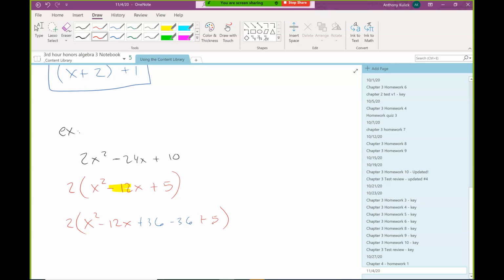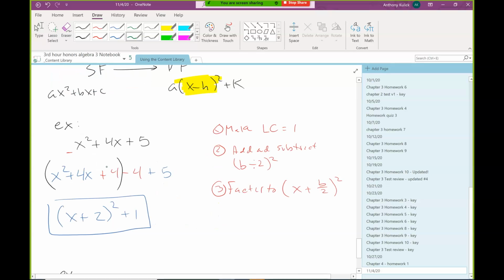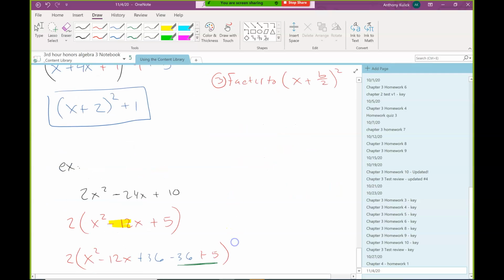Now, I want to kick these two out of the parenthesis because I don't want that stuff involved with my factoring. Everybody agree with that? How do I kick those out of that parenthesis? Before, I could just wrap the parenthesis around the stuff I want and ignore the other stuff. This one, I already have the parenthesis there, so I need to somehow boot those last two numbers out.